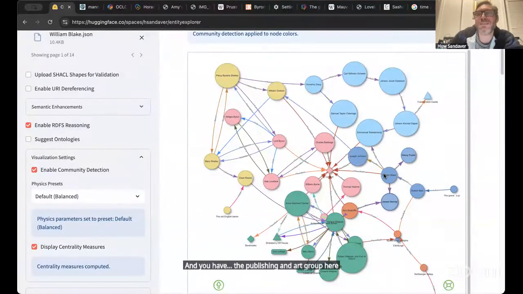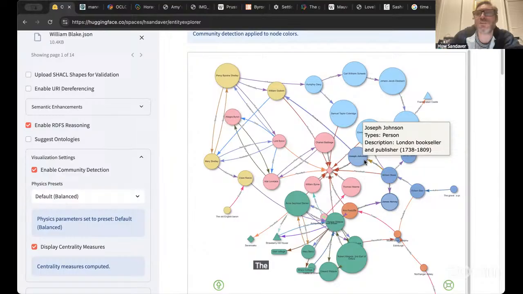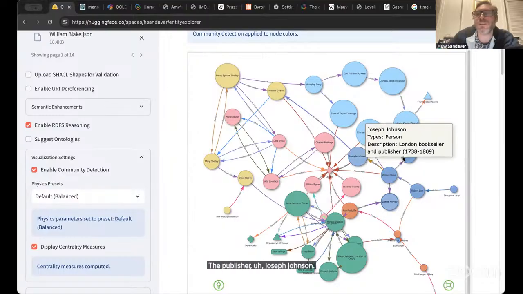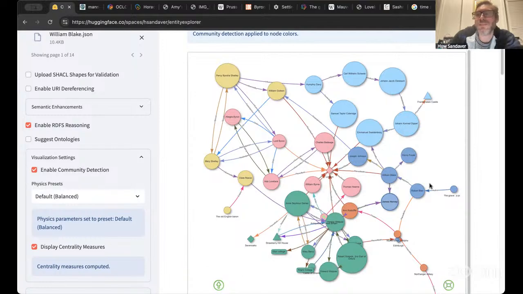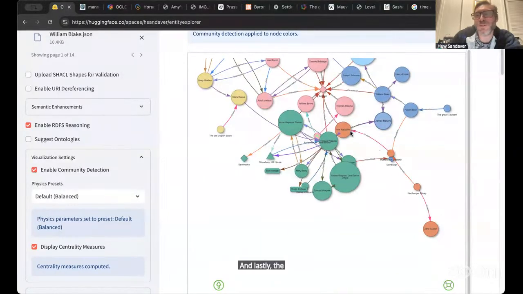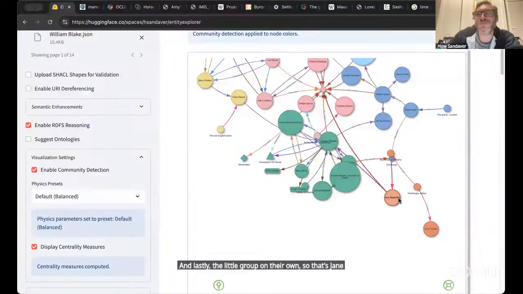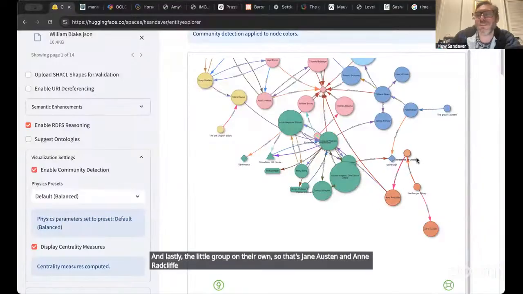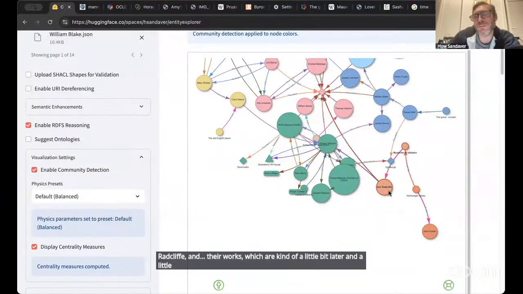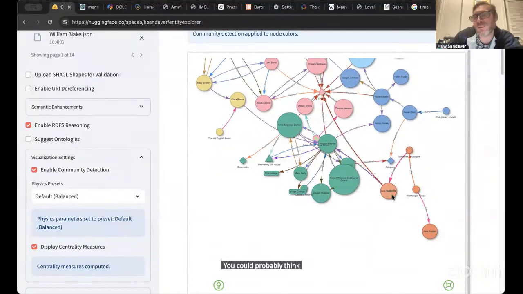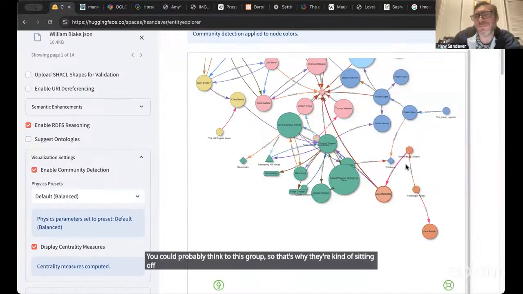So Blake, the publisher, Joseph Johnson, Henry Fuseli. And lastly, the little group on their own. So that's Jane Austen and Anne Radcliffe and their works, which are kind of a little bit later and a little bit separate. You could probably think to this group. So that's why they're kind of sitting off and quite separate.